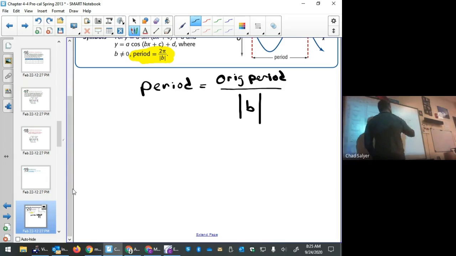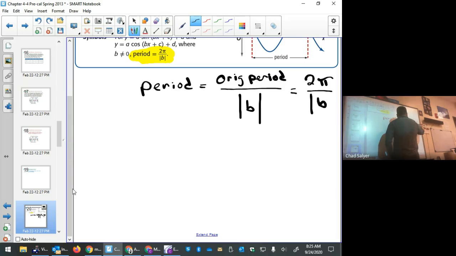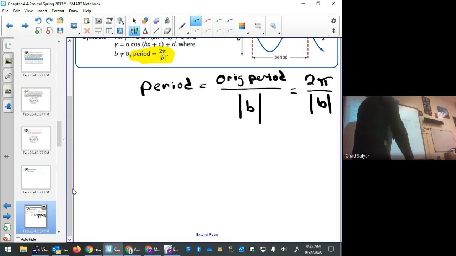And in the case of the sine and the cosine, that's 2 pi divided by the absolute value of b, whatever our b parameter is. So it will modify our period.